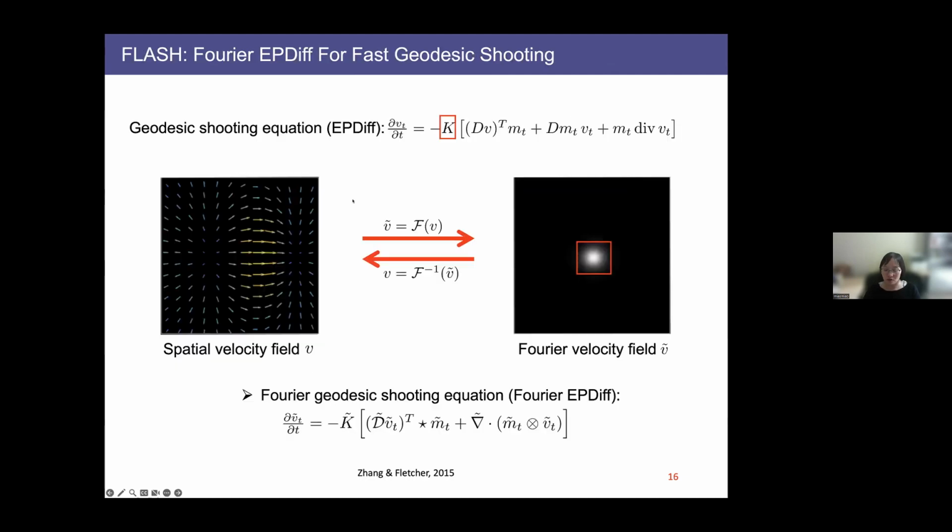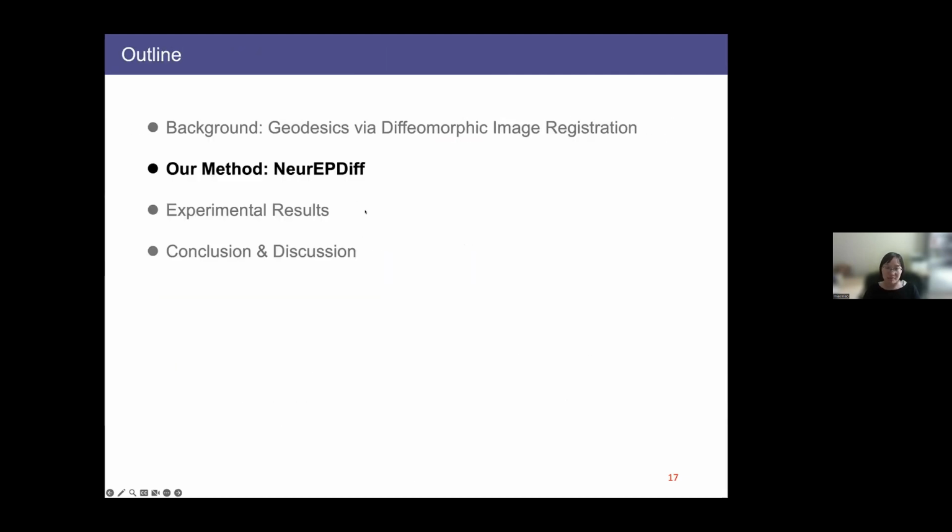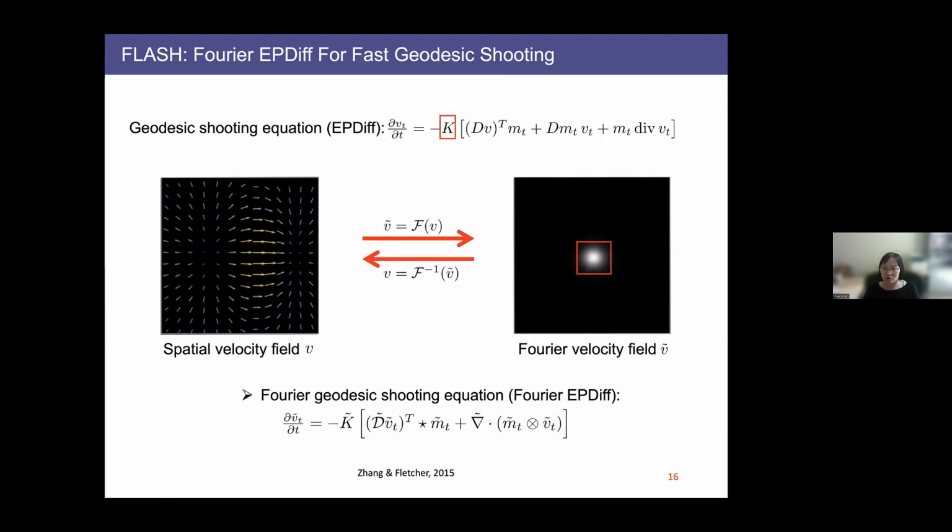Okay, so for our method to try to teach the neural network to understand the entire geodesic shooting path, one thing we want to emphasize is that the geodesic shooting equation is very expensive.